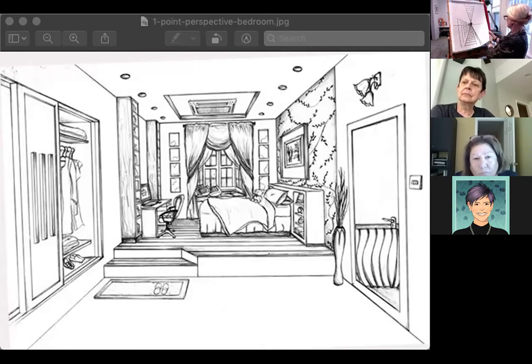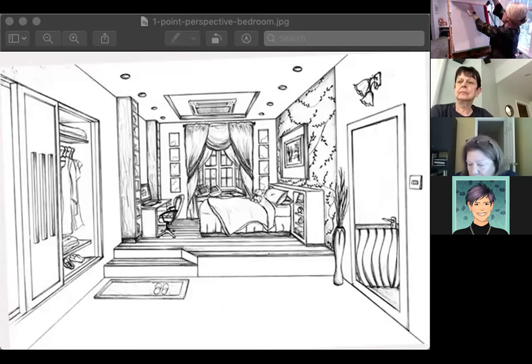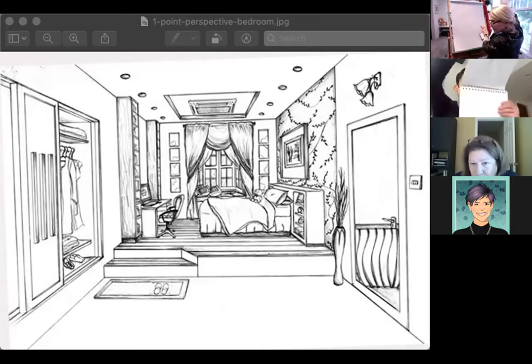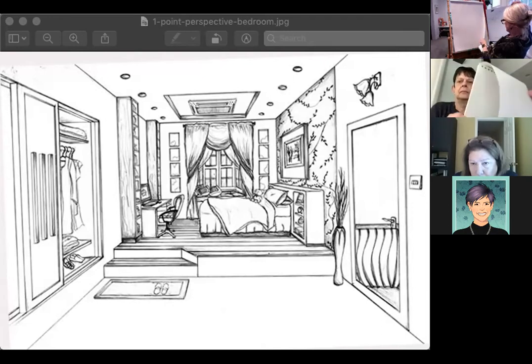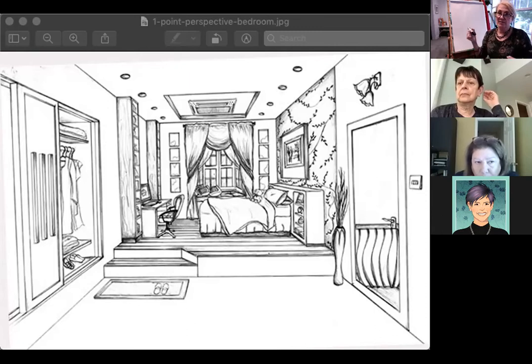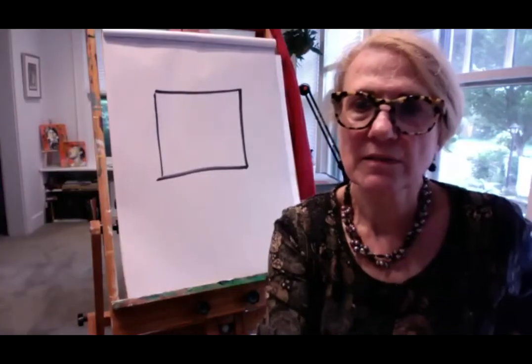If you're drawing a room, flip to a new page. If you're drawing a room, like this room, you're not seeing your vanishing point because there's a wall there. That's our bedroom wall. So I'm going to take this off and hit my stop share.